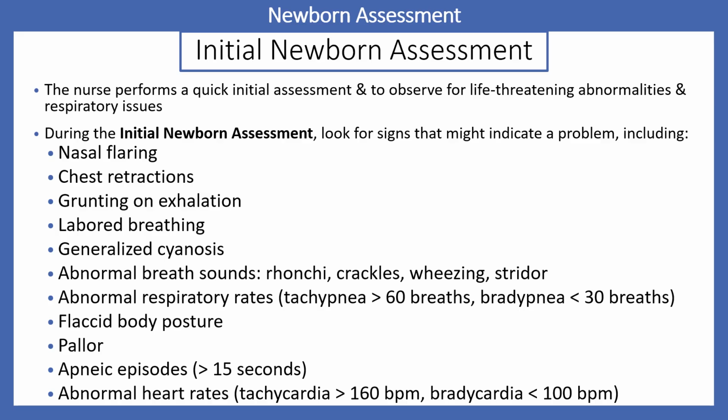Possible problems the nurse will observe that require immediate intervention include nasal flaring, chest retractions, grunting, apneic episodes greater than 15 seconds, abnormal respiratory rate, either greater than 60 breaths per minute or less than 30 breaths per minute, abnormal heart rate, either greater than 160 beats per minute or less than 100 beats per minute, flaccid body posture, and generalized or circumoral cyanosis.